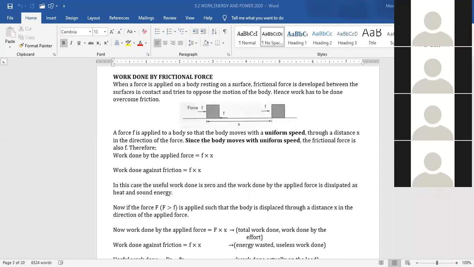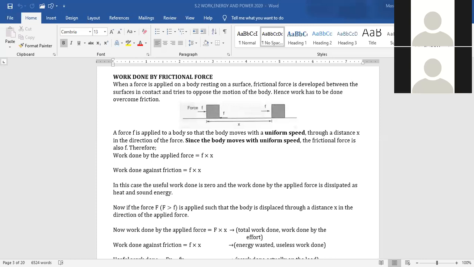So what is friction force? Okay, there's Kelly. Friction force is a force that opposes motion. The force that opposes motion. Thank you so much.